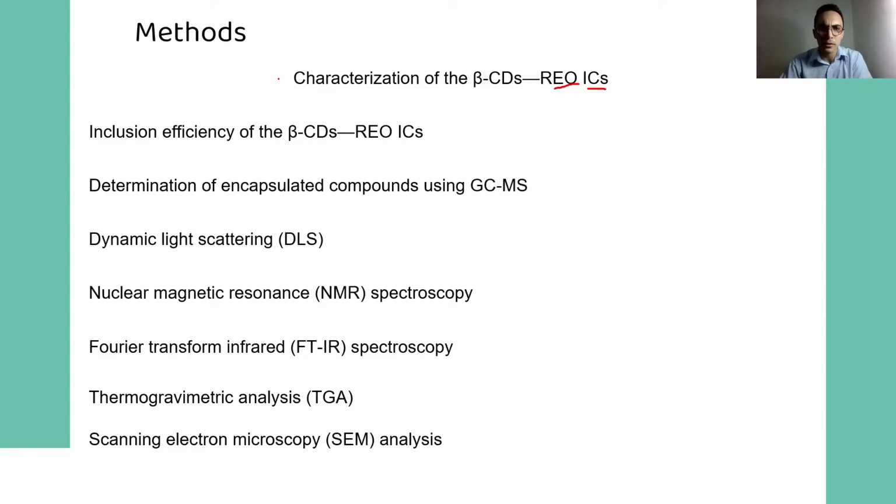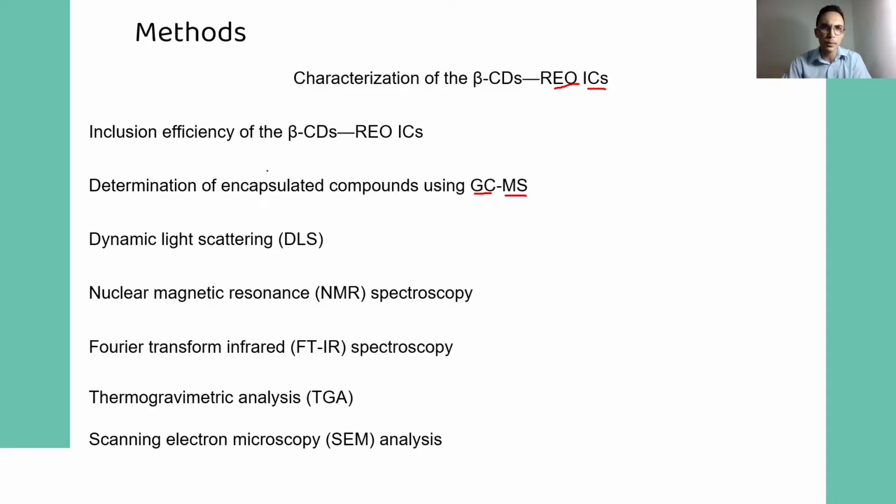For that, the methods used were the inclusion efficiency, determination of encapsulated compounds using gas chromatography-mass spectrometry, dynamic light scattering (DLS), nuclear magnetic resonance (NMR) spectroscopy, Fourier transform infrared spectroscopy, thermogravimetric analysis, and scanning electron microscopy (SEM) analysis.